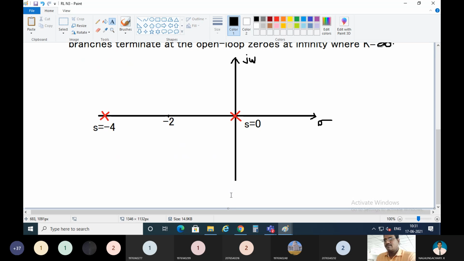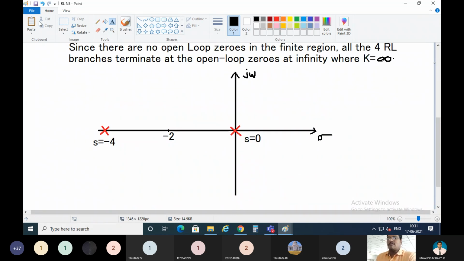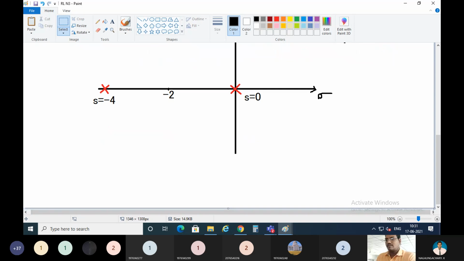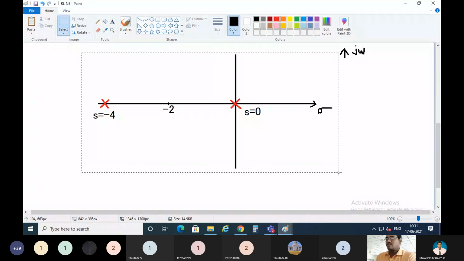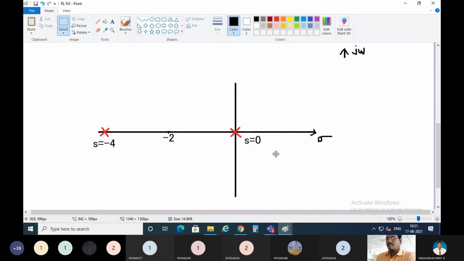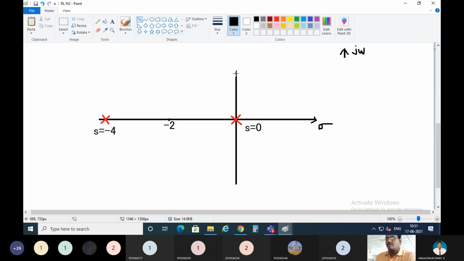So I should take this one as J omega. Next, minus 2 plus J4. Plus J4, for example, here.